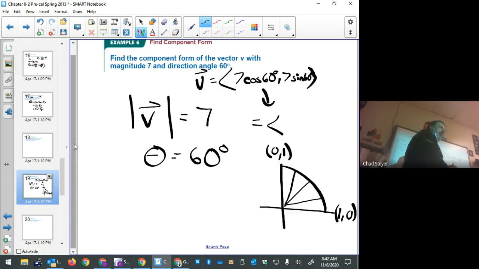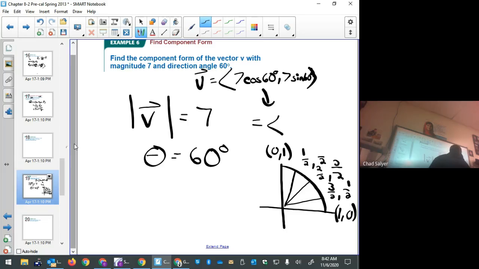Those are quadrantal, and as a consequence should be super easy. But for the rest of these, everything's a fraction over 2. And then you just go 1, 2, 3, 1, 2, 3. And you put a square root over everything that's not a 1.